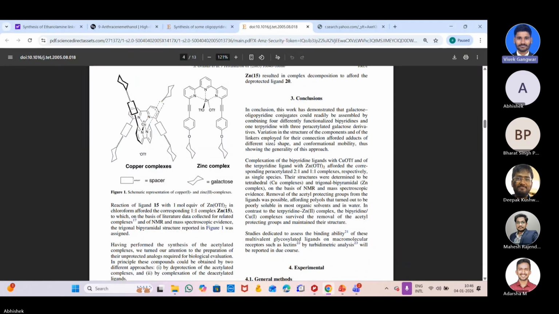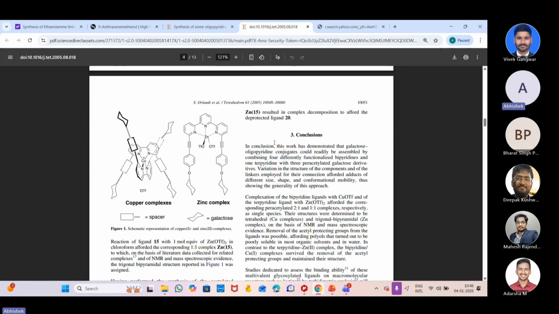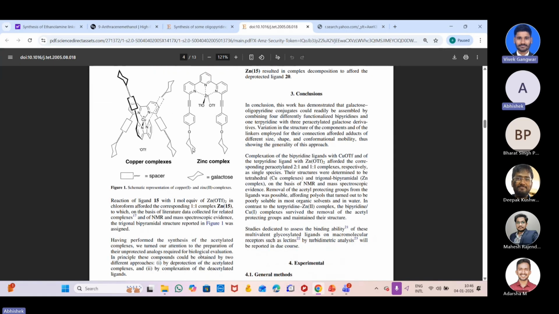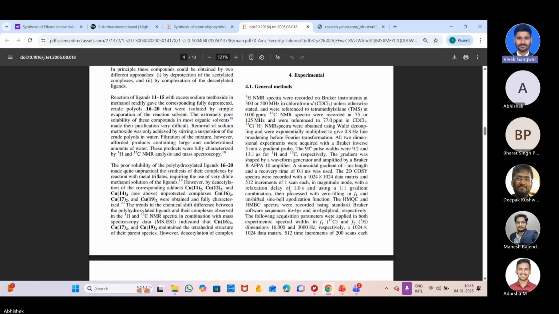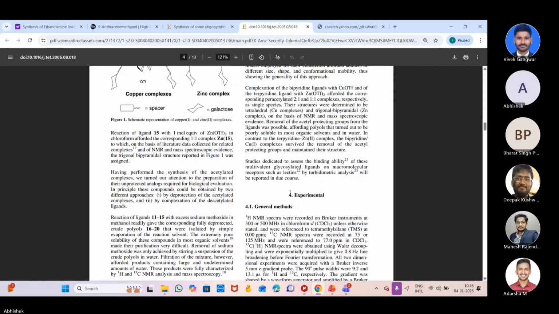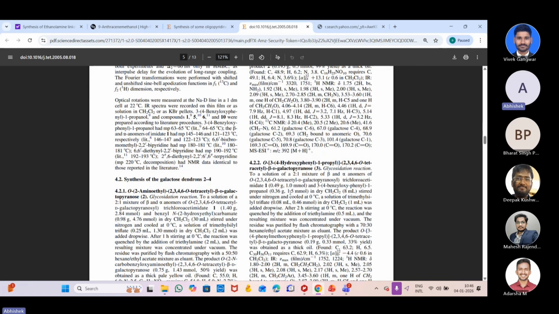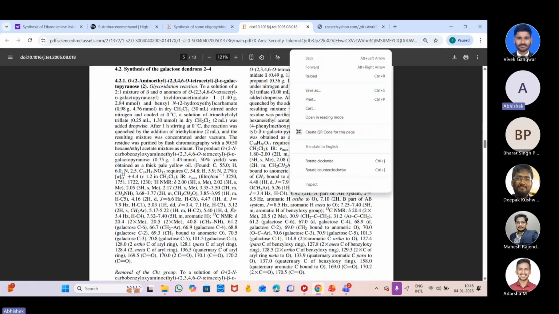But they don't show a crystal structure here. They are not mentioning XRD. They are saying that on the basis of NMR and spectroscopic study, the copper complex is tetrahedral and the zinc complex is TBP. This is fine, but is there any supporting information? Without a crystal structure, NMR alone is very complicated for finding out the structure of these complexes. But they don't mention any XRD or other spectroscopic method.